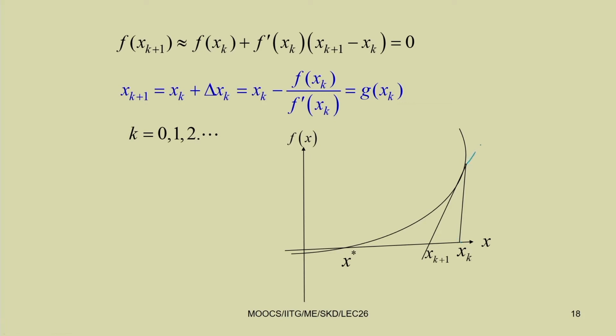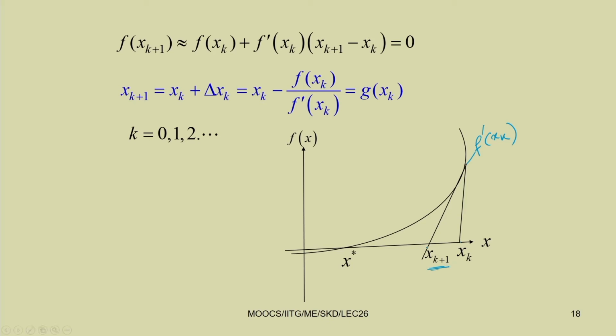So, this line is f'(xk). We will take the point xk+1 where f(xk+1) equal to 0, so xk+1 can be chosen in such a way that f(xk+1) will be equal to 0.